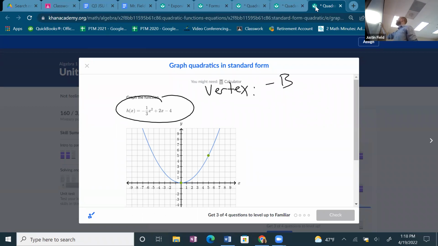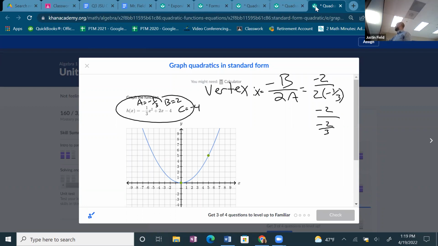Recall the x coordinate is negative b over 2a. So what are our a, b, and c? A is negative 1/3, b is 2, c is negative 4. So negative b is negative 2, over 2a, 2 times negative 1/3, which is negative 2/3.